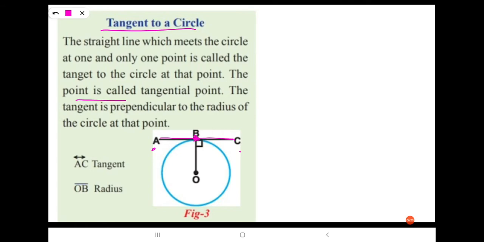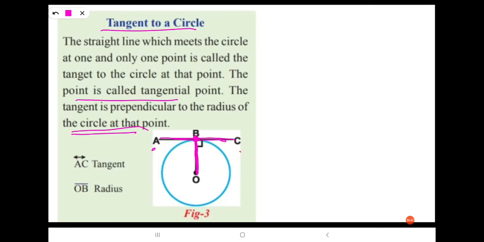The point is called the tangential point. The tangent is perpendicular to the radius of the circle at that point.